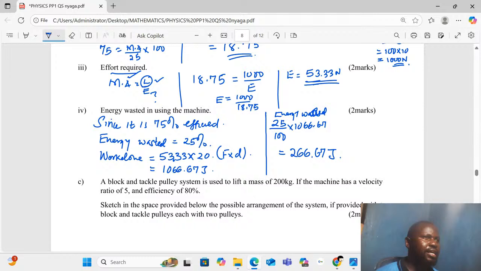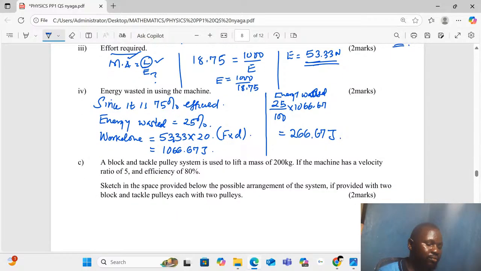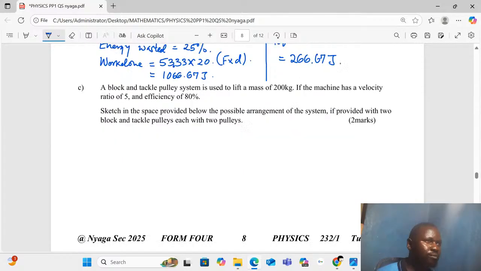If the machine has a velocity ratio of 5 and efficiency of 80%, then you're told to sketch in the space provided below the possible arrangement of the system if provided with two block and tackle blocks, each with two pulleys.